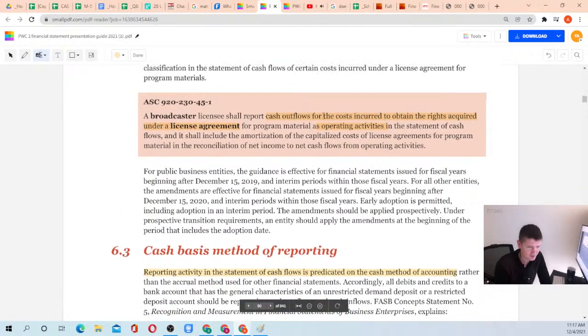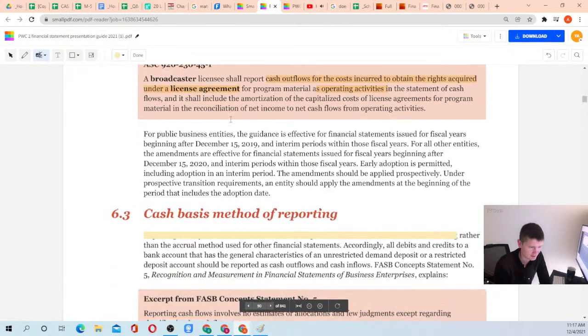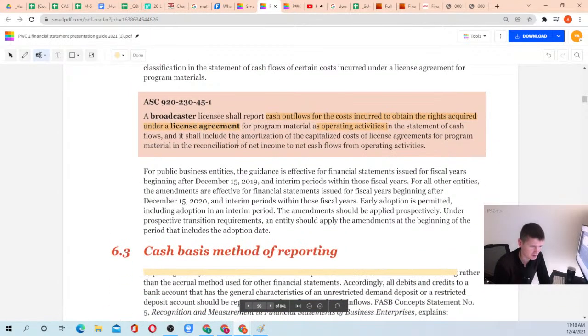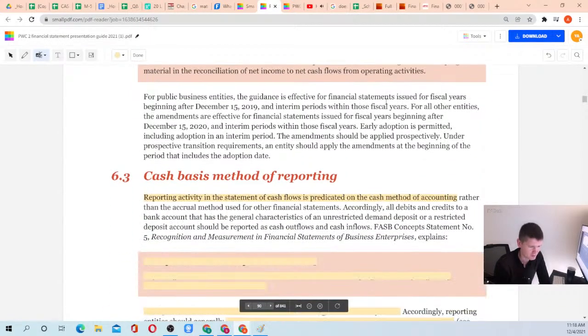For example, you might face a decision whether to treat these as investing cash outflows, as you kind of invest in some license, or as operating, and that guidance can help you there. But that's for broadcasters and entertainment, so it's also not universal.